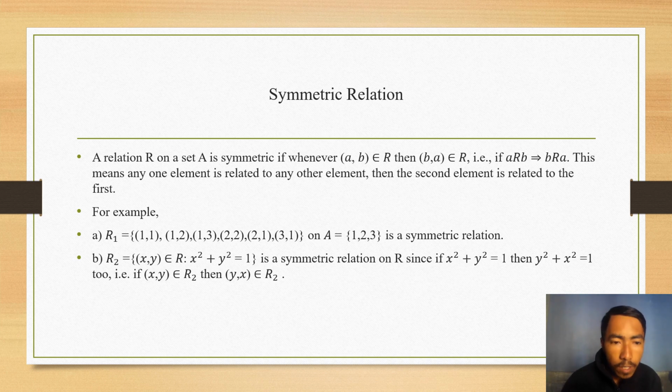Another, R2 equals {(x, y) belongs to R: x squared plus y squared equals 1}, is a symmetric relation on R. Since if x squared plus y squared equals 1, then y squared plus x squared equals 1. Both give the same value. That is, if (x, y) belongs to R2 then (y, x) belongs to R2.